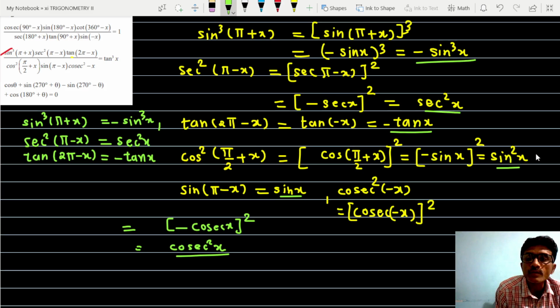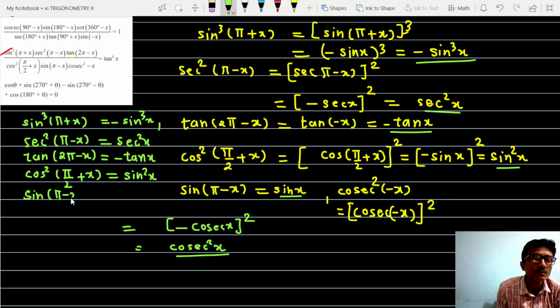Cos square of pi by 2 plus x is sin square x. Sine of pi minus x is sin x. Last is cosec square of minus x, which is only cosec square x.